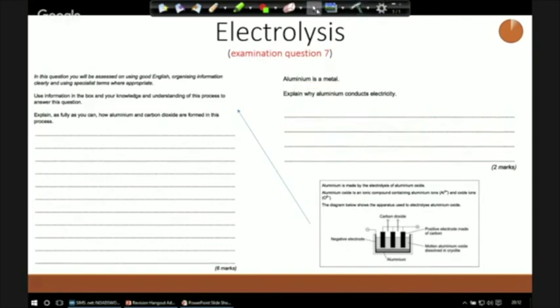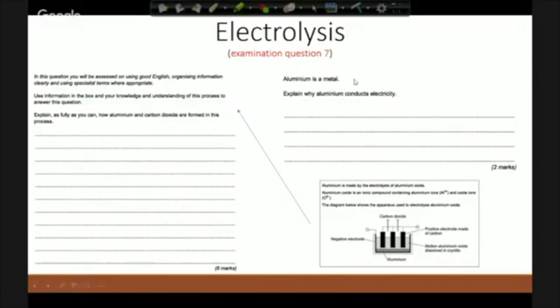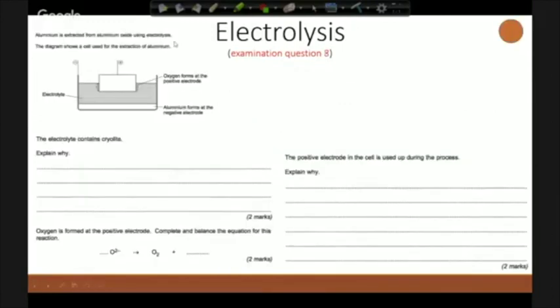Here's our final question. Aluminium is extracted from the aluminium oxide using electrolysis, and the diagram shows it. This was in the previous question that I've just put into this part for us to see. The electrolyte contains cryolite. Explain why.